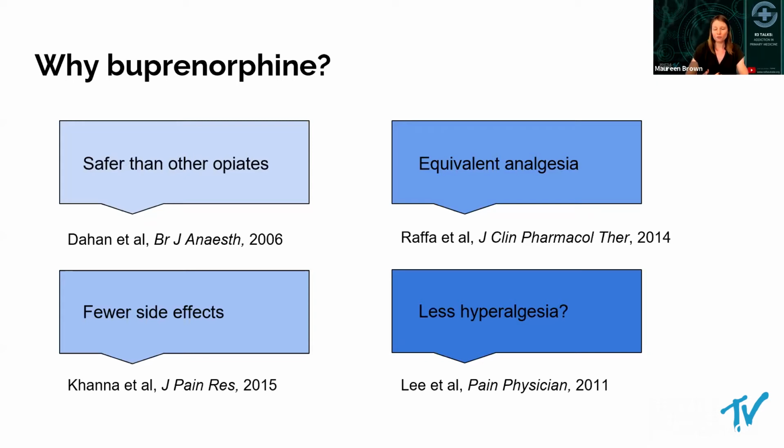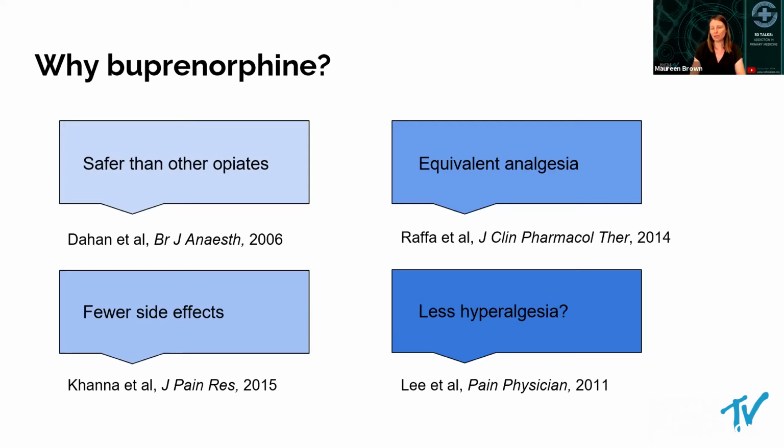Bupe also has fewer of the side effects that we commonly associate with opiates. The two that I'll focus on are the GI side effect of constipation, and then the side effect of dysphoria that's really common with opiate use and dependence. So those are definitely pros when it comes to making a switch from any other opiate over to Bupe.